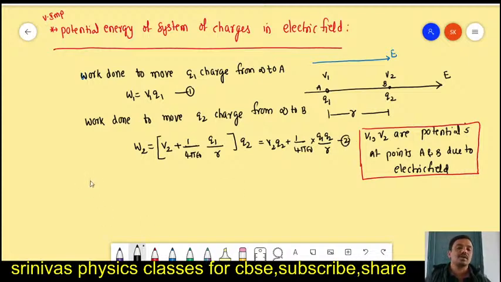Then the total work is equal to the potential energy. That is the total work, we have to add both of them, that is W1 plus W2, right?